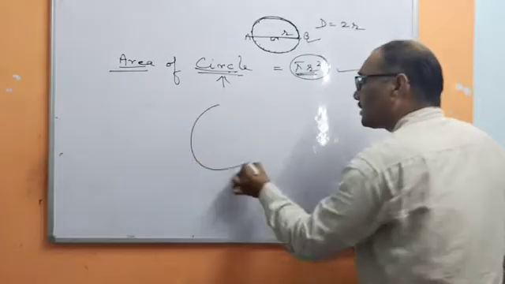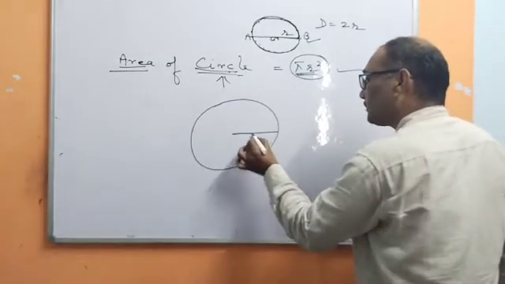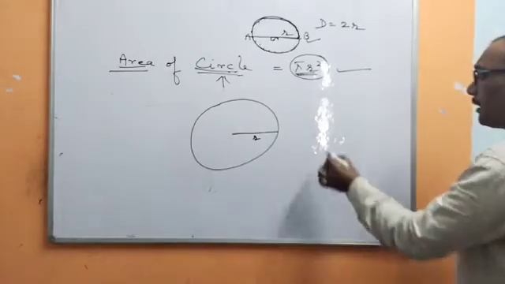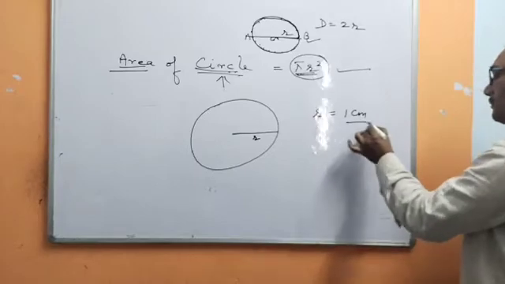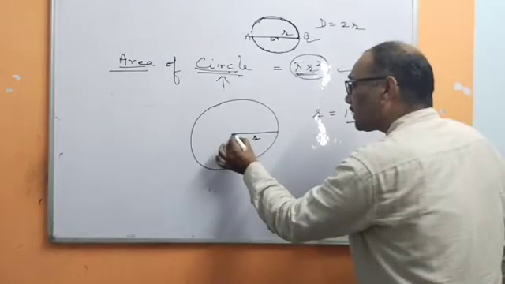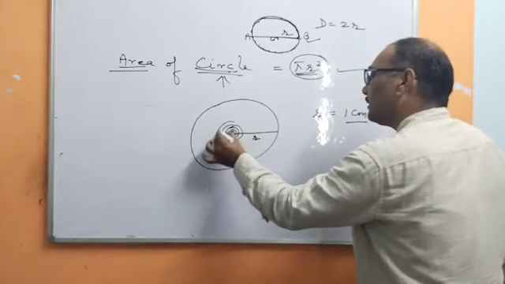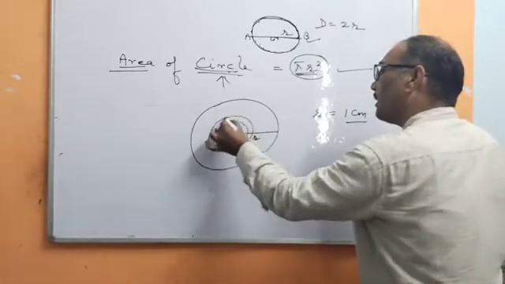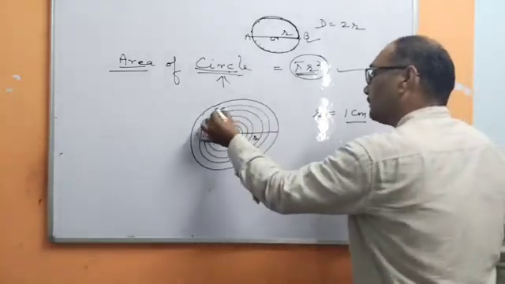Suppose this is a circle with radius r. If radius r is 1 centimeter, you can assume that many small concentric circles with the same center, you can draw inside the circle.